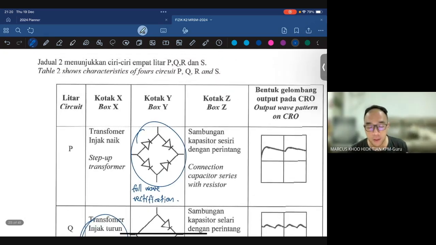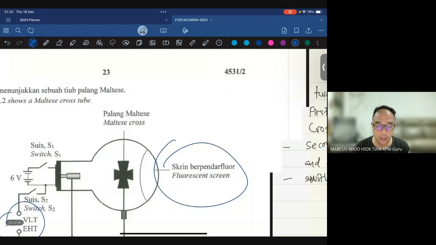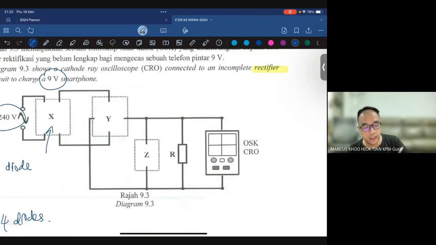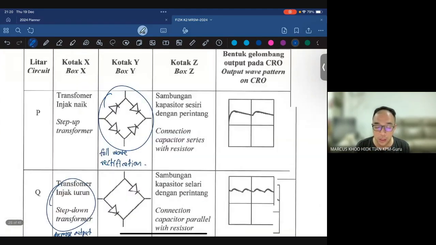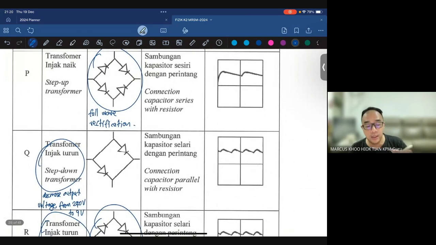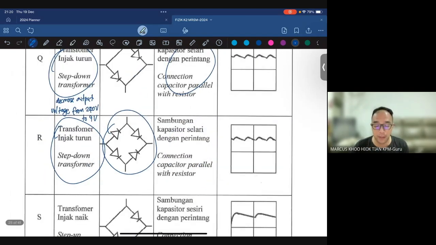Next, box Z. Box Z over here, usually we will have a capacitor. So the capacitor obviously has to be in series. No, in parallel. Box Z has to be a capacitor in parallel with the resistor.